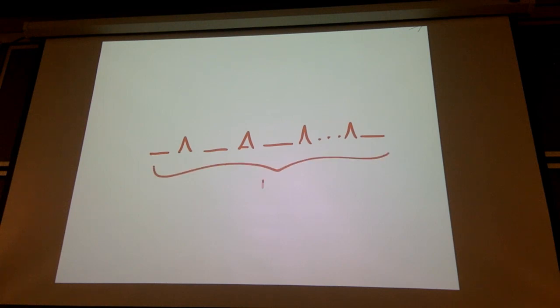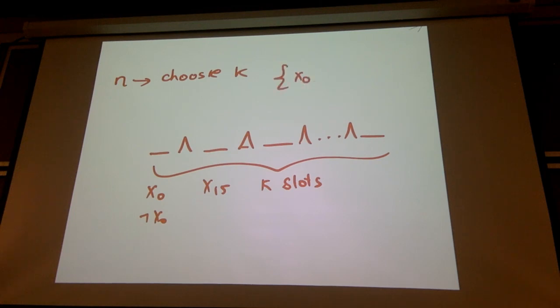But each slot is not associated with a particular variable. So what we need to do is first, among the n variables that are there, choose k of them, and now we know that these k things are present in the function. So let's say x0 is here, or not x0. Maybe x15 is here, and let's say the set is x0, x15, x31, and some other things, k things.